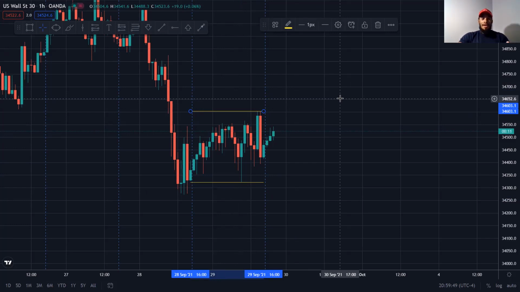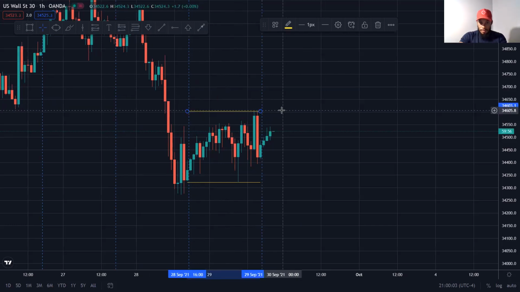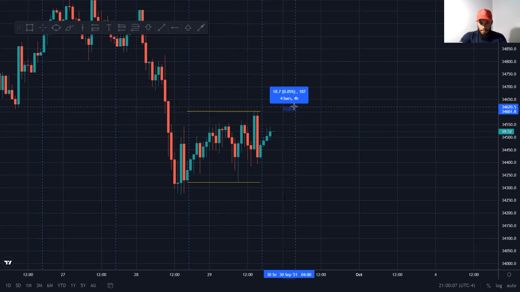Now, once we find that, we have to plug in our buy stops and sell stops. You would plug in a buy stop right here for 30 pips. Let's come right here for 30. 30 pips right on there.